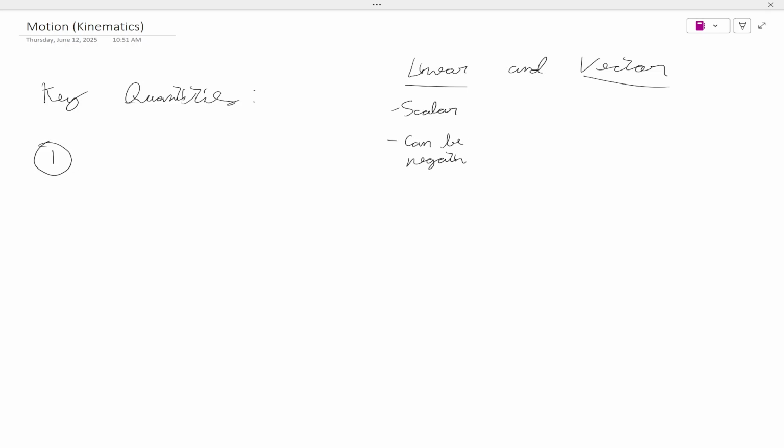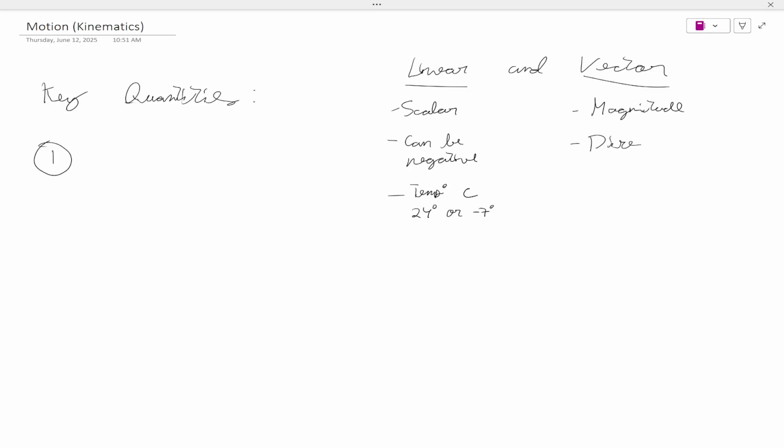For example, take the temperature. It can be 24 degrees or -7 degrees. That's scalar. It's just a number. It has no other value other than what it represents. But a vector has magnitude, which is basically the number value I was talking about, and direction.